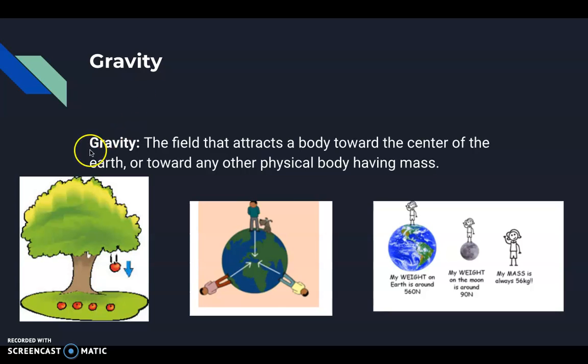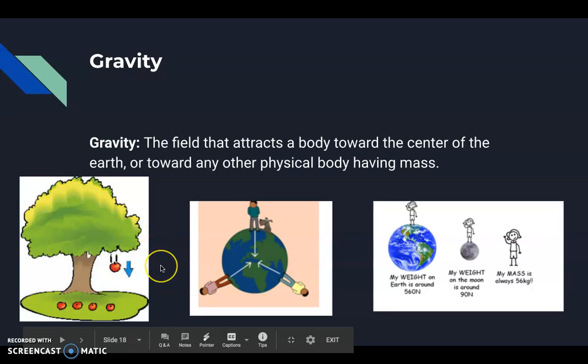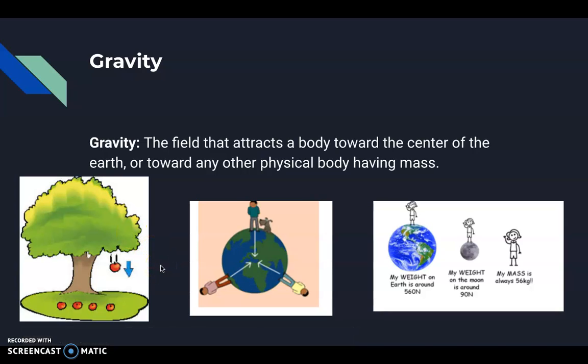I put this apple tree there because that's the most famous example of Newton having the realization that there is something invisible affecting the way that objects move. That's how he thought about it. He did not invent gravity, which I know a lot of you like to say.